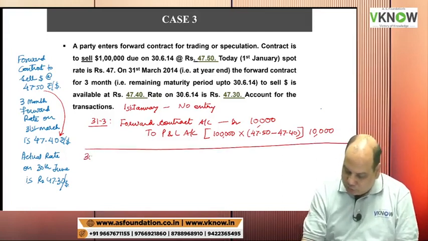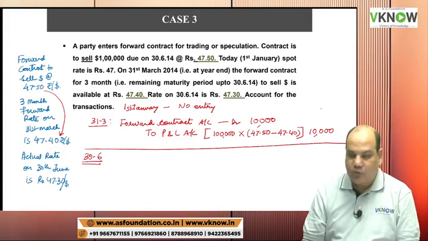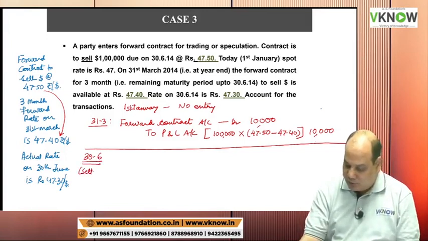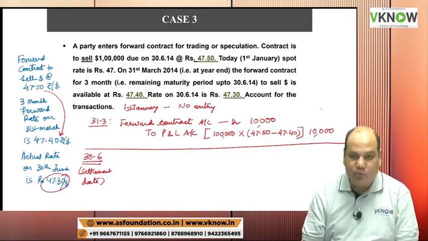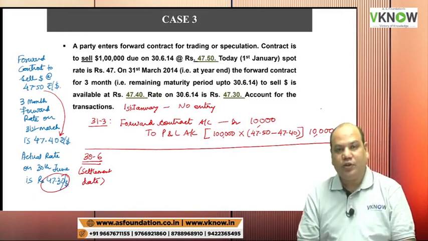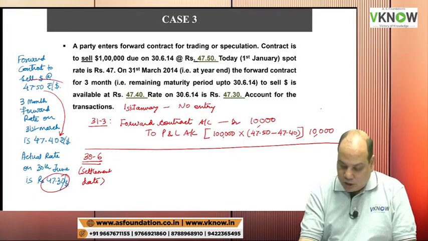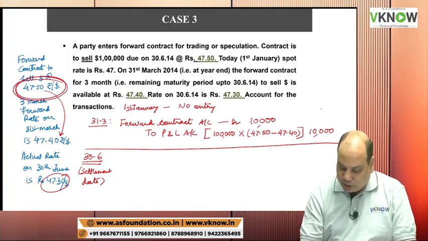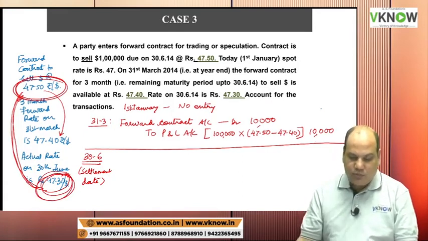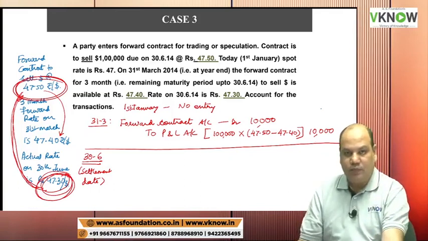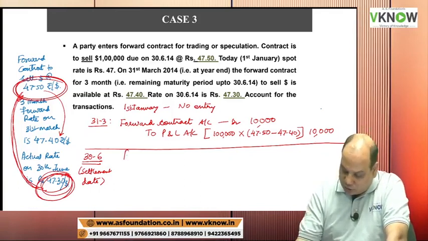And then I'll come to 30th June, which is your settlement date. I find the rate is 47.30 and it is a settlement date. So I will recover from the counterparty the difference between the rate at which we entered the forward contract and the actual rate, which comes to 20 paise multiplied by 1 lakh dollar.